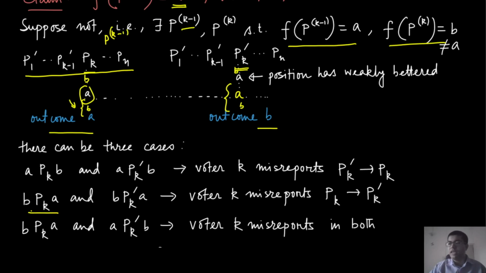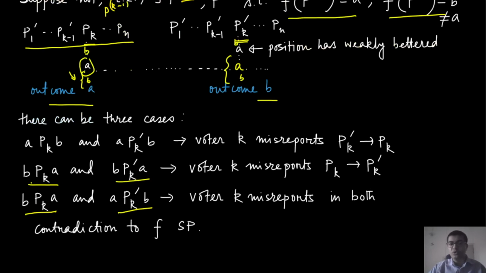B was above A, B continues to be above A, that is a possibility. B is above A, but B goes below A in pk prime. The last thing, that B is below A and B goes above A, is not possible because of the assumption on pk prime.